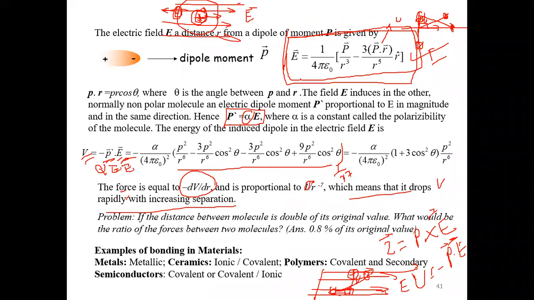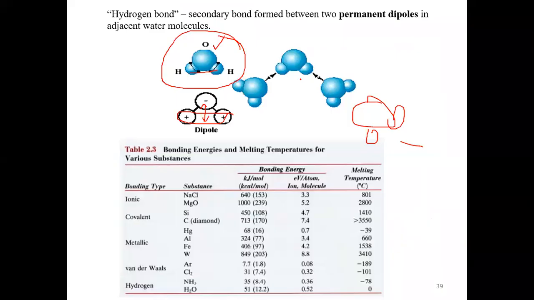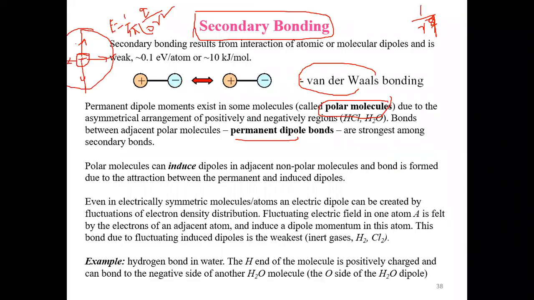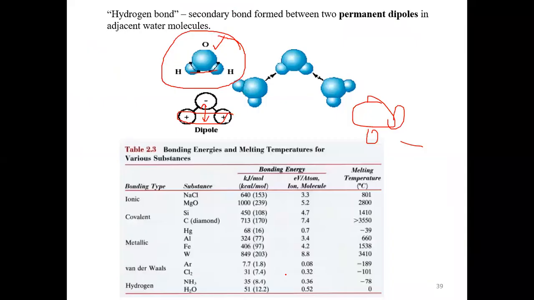So they will attract, they will be loosely bound, and they will form the secondary bond. And this polar molecule induces polarization in the non-polar molecules, and non-polar molecules will also attract each other. So the example we have already mentioned is the water molecule.